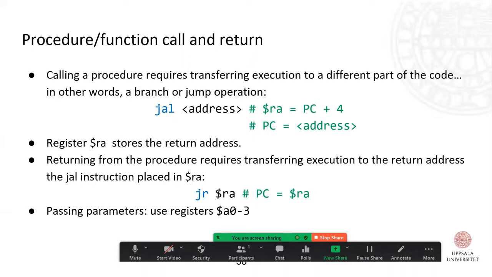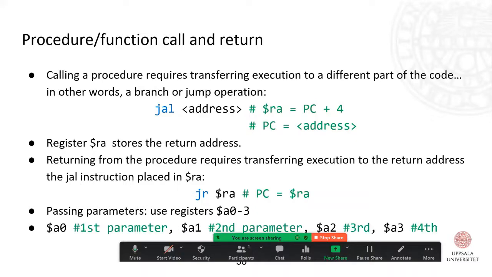If you want to pass any parameter to a function, you can only use registers A0 to A3, as we had discussed earlier. For example, we have already seen it when we want to print something. We had to put the value that was going to be printed in register A0. This is the same concept in other functions as well.